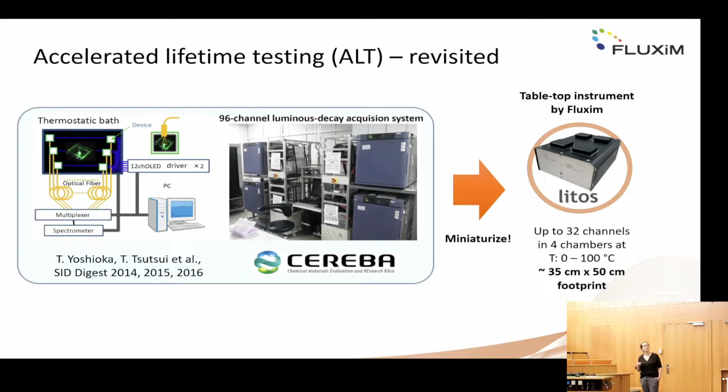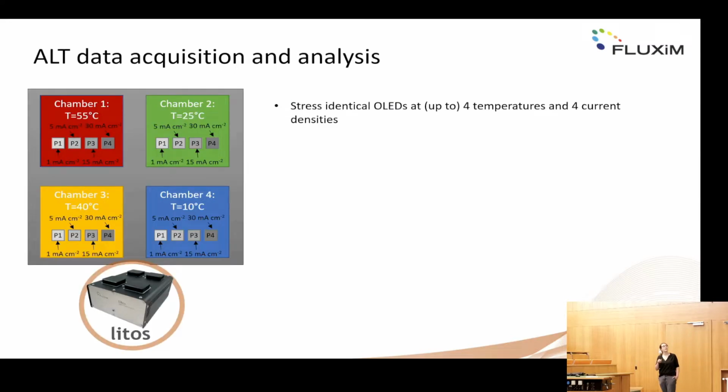Just a quick glimpse of what this usually looks like. You have these huge racks of testing, and what we came up with recently is an instrument called Litus that you can see outside, which fits on a table and is much smaller, but in principle can do almost the same things. How does it look inside?